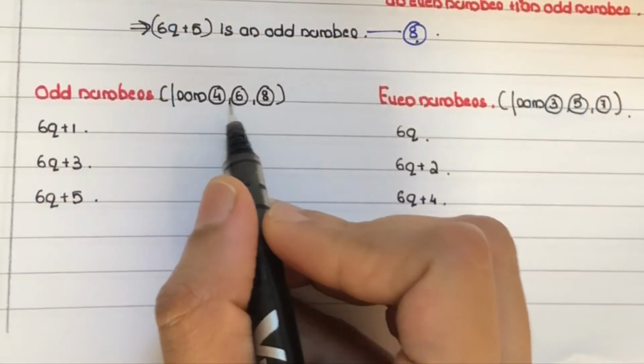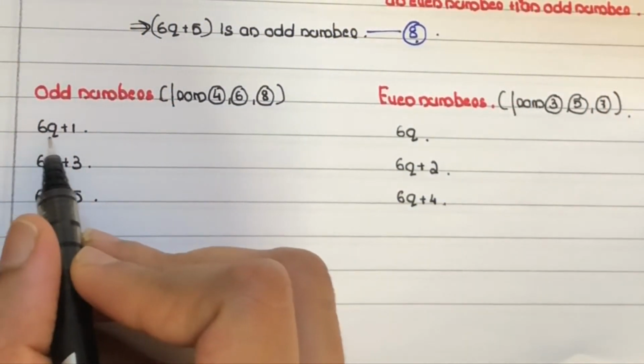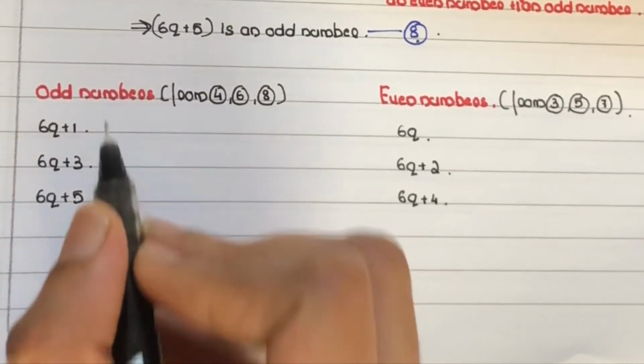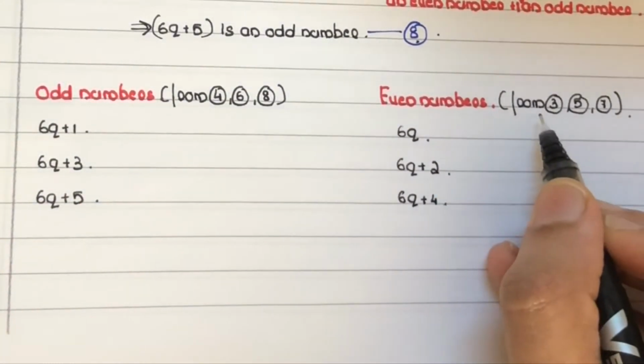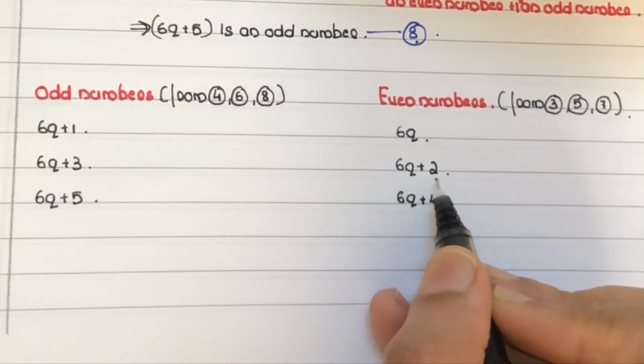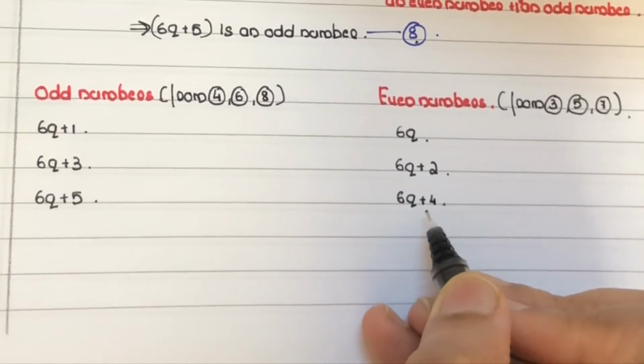From equations 4, 6 and 8, we got 6q plus 1, 6q plus 3 and 6q plus 5 as odd numbers. And also from equations 3, 5 and 7, we got 6q, 6q plus 2 and 6q plus 4 as even numbers.